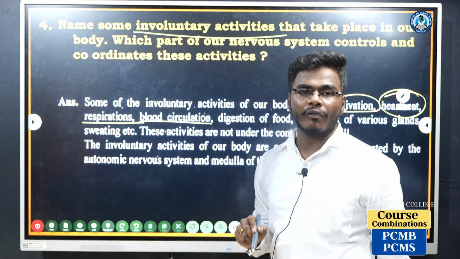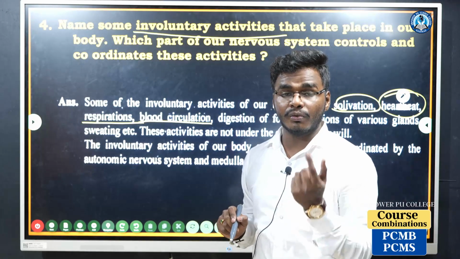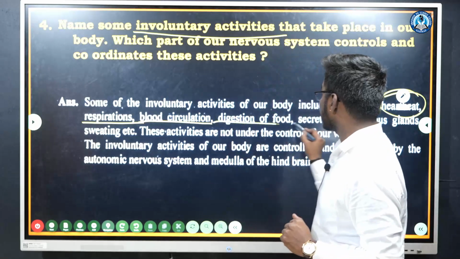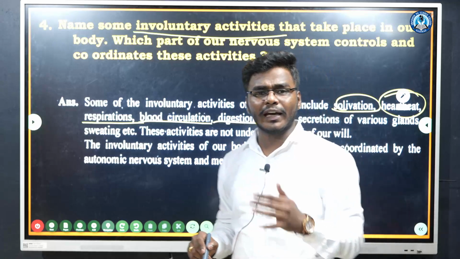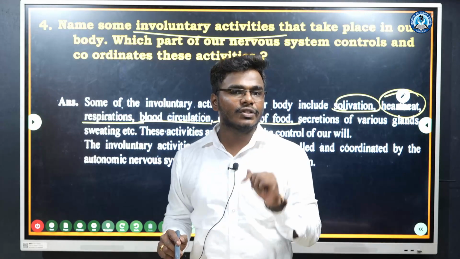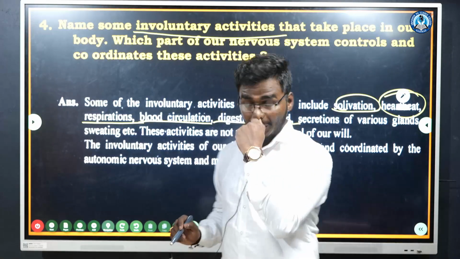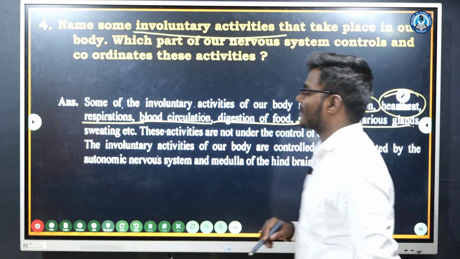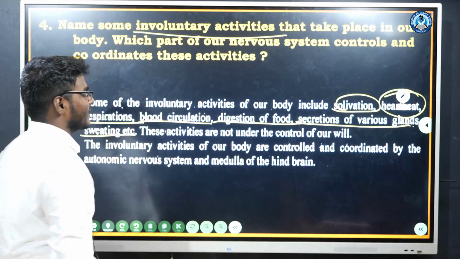Blood circulation, have you ever tried to control your blood circulation? No, it is involuntary. The blood keeps on flowing. Digestion of the food, as soon as you take the food, can you hold your stomach and stop the digestion? No. So digestion of the food, secretion of various glands, sweating, etc.